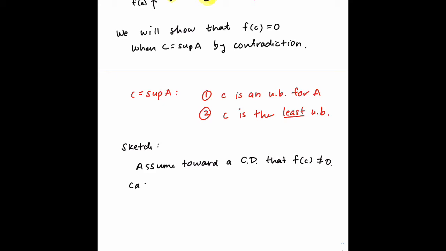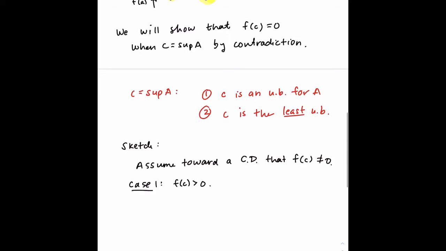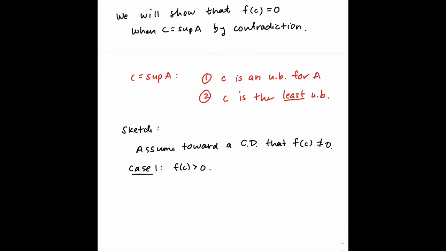So let's take a look at our first case when our function value is positive. So f of c is greater than 0. So I'm going to draw a picture of this case. And we're going to take a look at what goes wrong. So again, our assumption is that A is the one that evaluates to a negative function value.